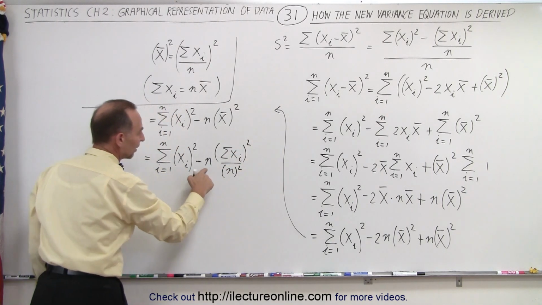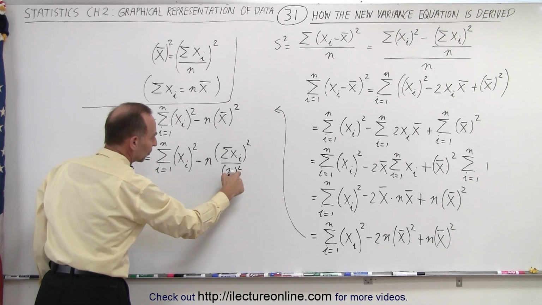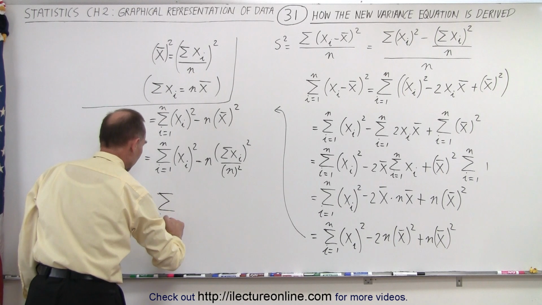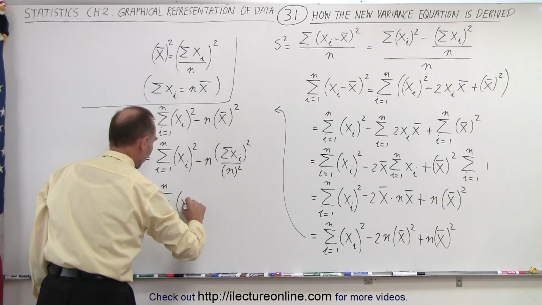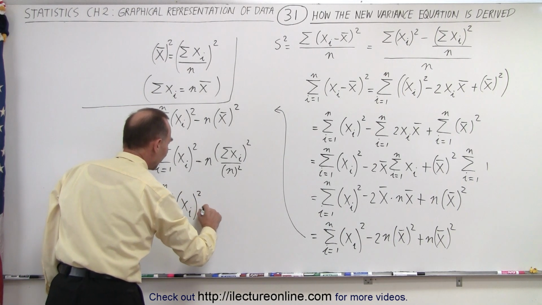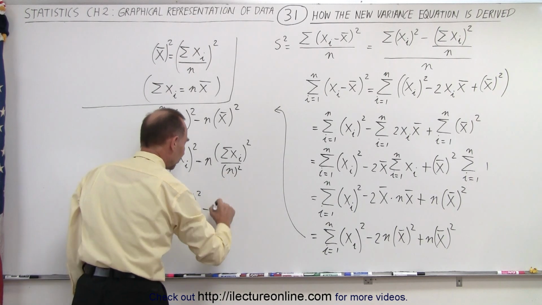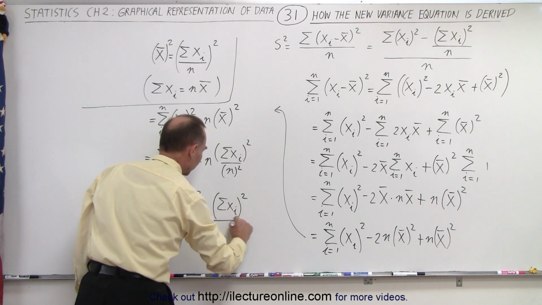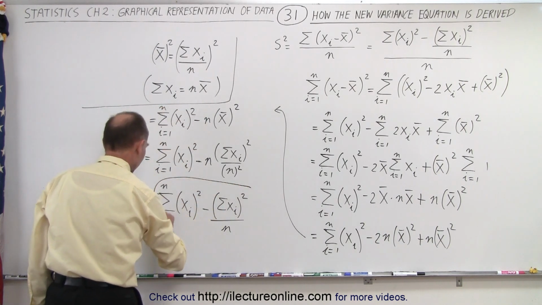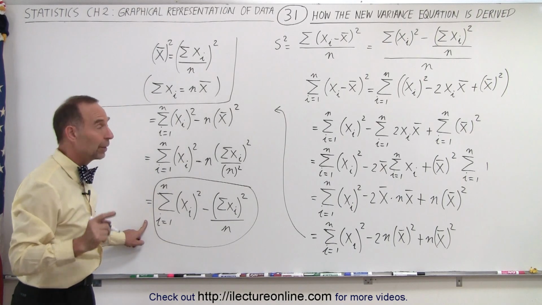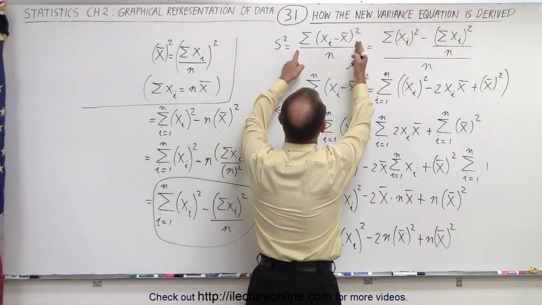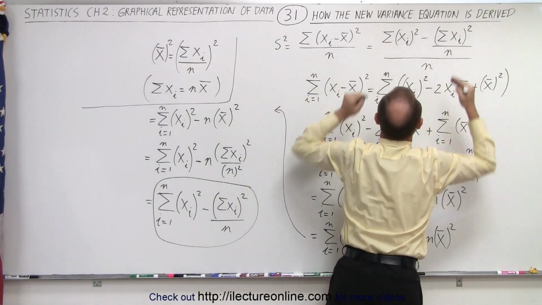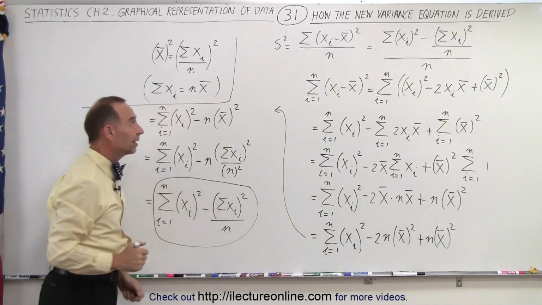So that way you can see that now I'm going to cancel these two out, this one with this. And so this can be written as the sum from i equals 1 to n of x sub i squared minus, this n cancels out with one of those n's, so we get the sum of x sub i quantity squared divided by n. And this is what I was looking for, because after all, I started with the numerator of the left side equation, and I wanted to end up with the numerator of the right side of the equation, and that's exactly what I got.